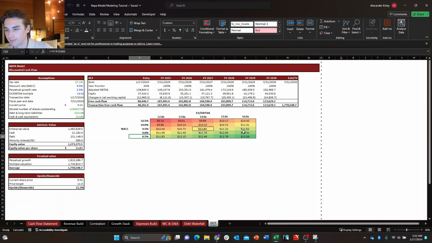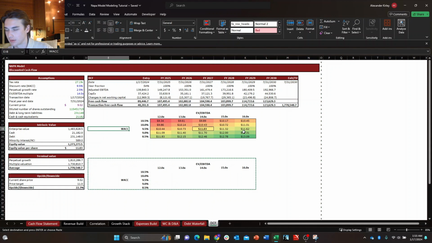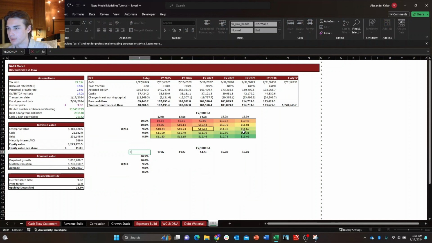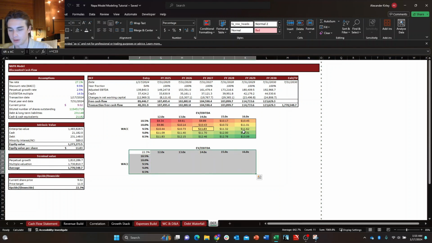We're going to do the same thing. Very inefficient here, but that's okay. Already have this equal this number here, and then we're going to do the same thing as before.